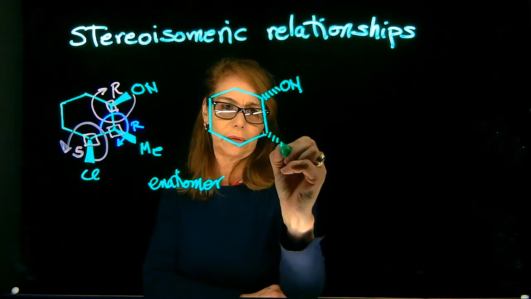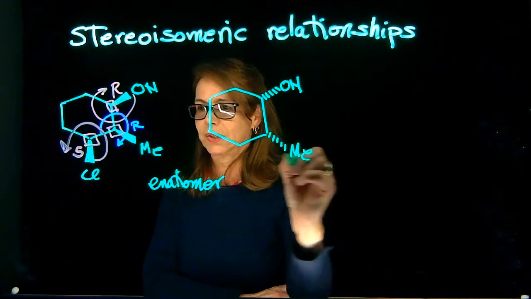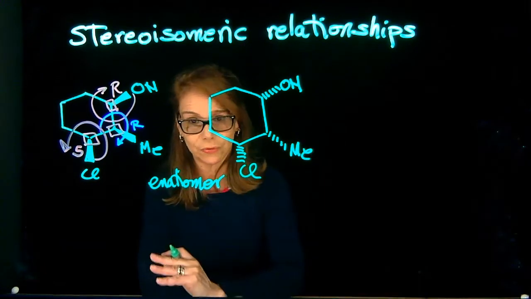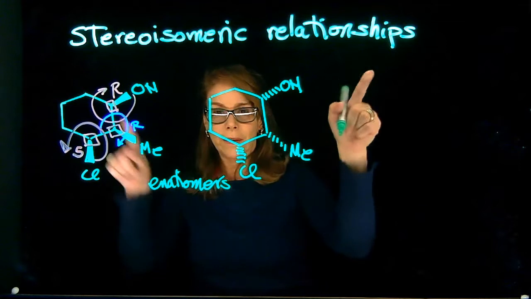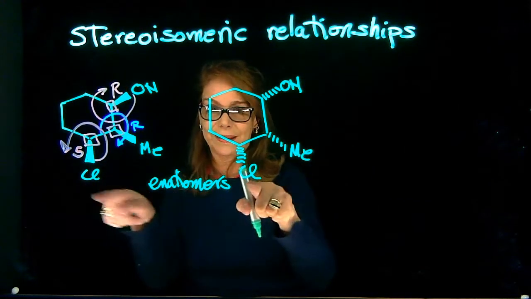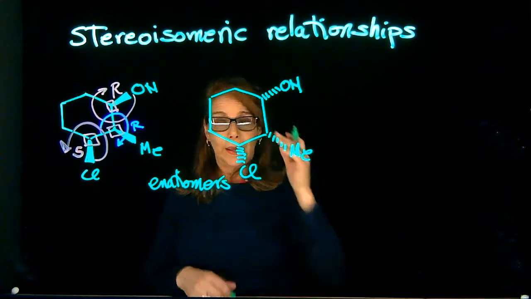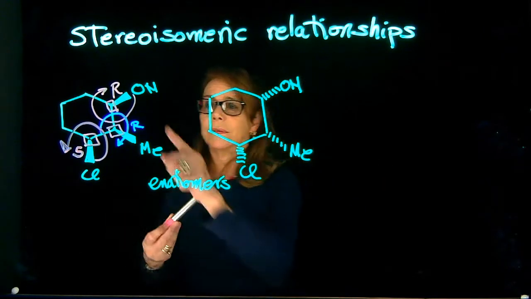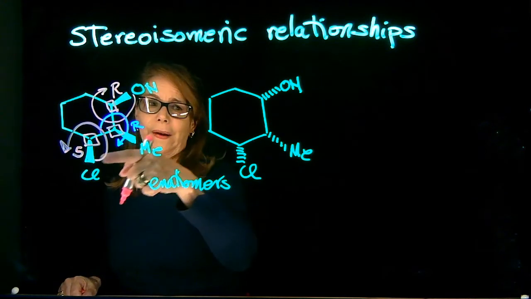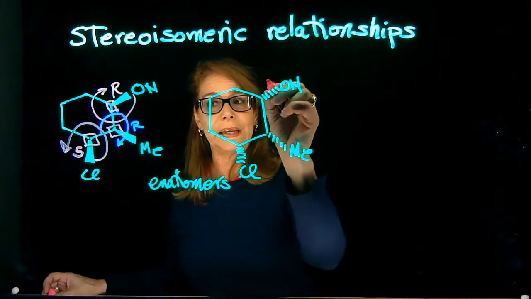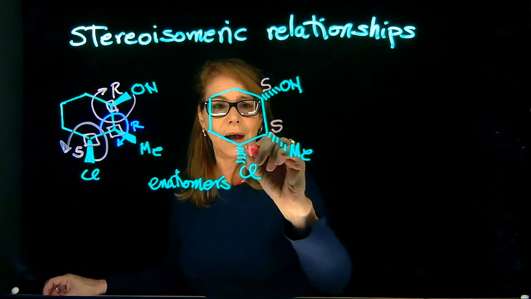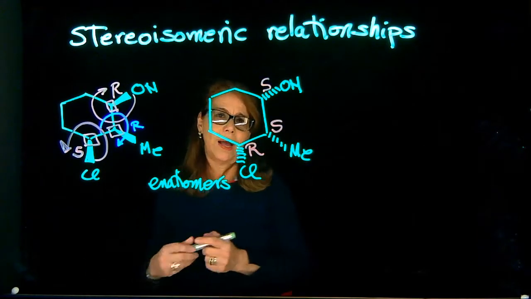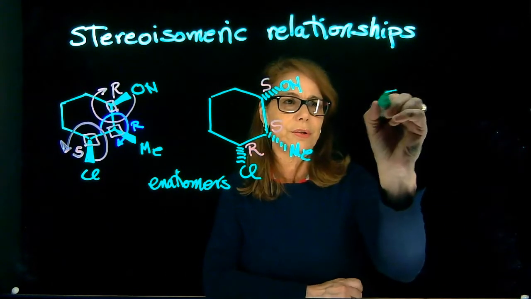So the methyl is going to be on a dash as well. In here, chlorine. So again, you have inverted the three centers. So the relationship between these two molecules is that they are enantiomers. And also we know that the enantiomers will have the opposite configuration. So if this was RRS, then here it will be SSR, the configuration.